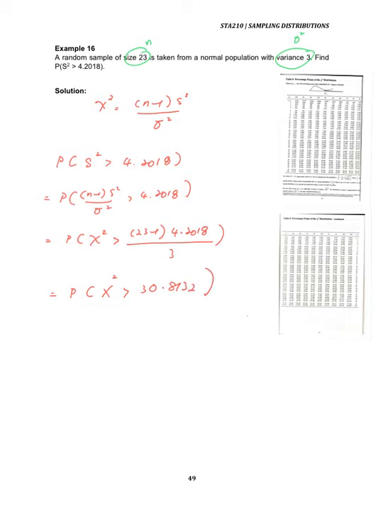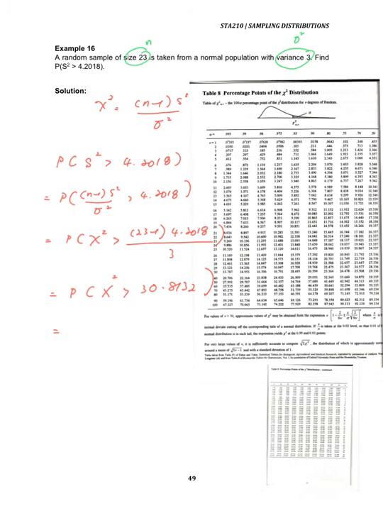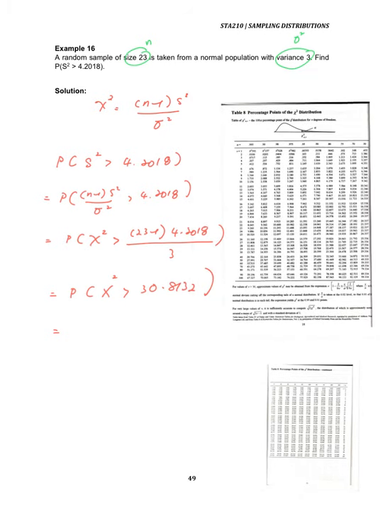Okay, now apa yang kita nak buat sekarang ni, kita nak tahu dia punya probability value. Probability value itu adalah referring to the value of alpha. Kita tengok table 8 tadi ya. Awak cari value 30.8132 dekat dalam.